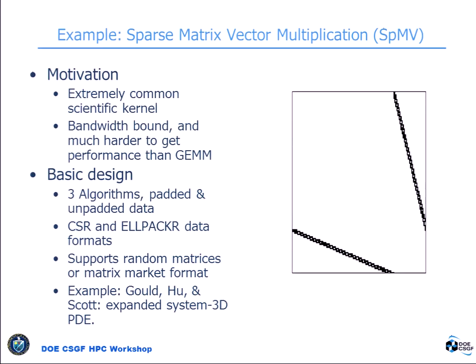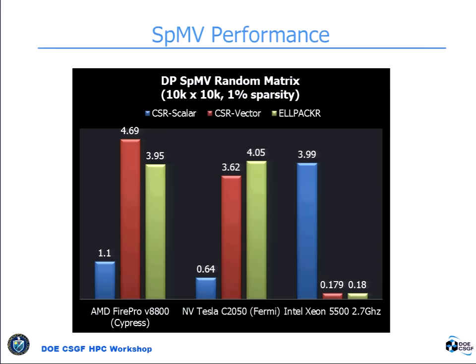Some of the other kernels we've added, and this is again another performance example, if you look at something like Sparse MatVec, which I'm sure many of you are familiar with, we coded up 3 different versions of the Sparse MatVec using the different data layouts and found that on the AMD FirePro, on the NVIDIA Tesla, and on the Xeon, we got a different winner for each one of those based on which data layout we used.